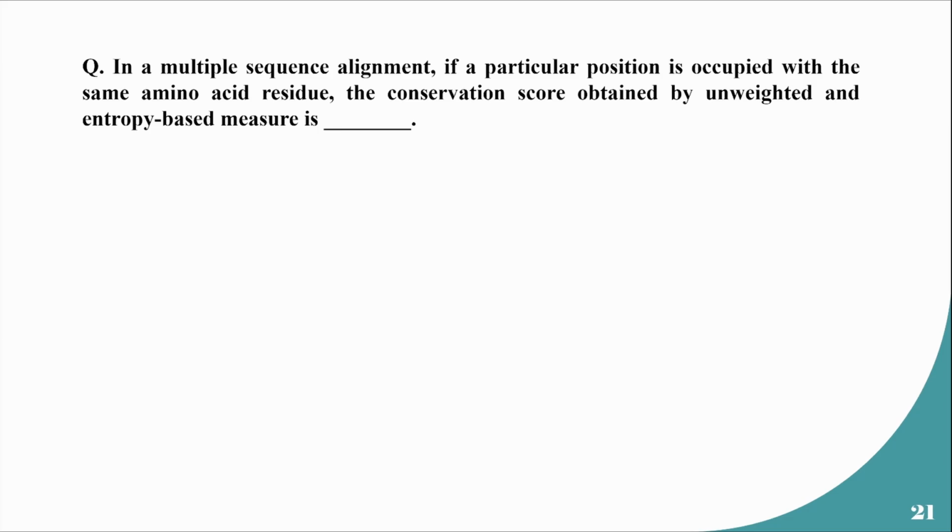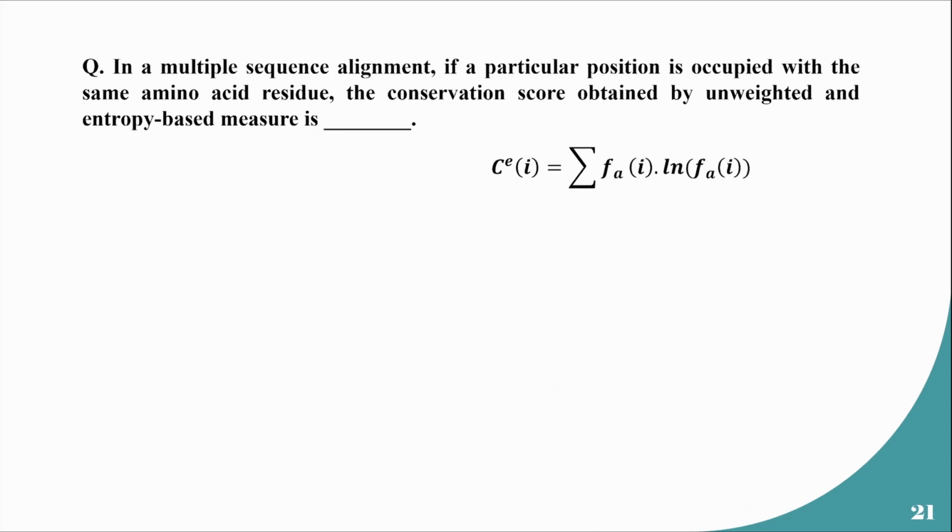So here in this question, we have, let's say, in a particular multiple sequence alignment, one position occupied by the same amino acid residue, right? So if there are 10 total sequences in this alignment, let's say we're talking about position 2. So position 2 only has one particular residue, the same residue, for all of these cases. So if there was alanine in position 2 in sequence 1, sequences 2 to 9 also have alanine in position 2, right?